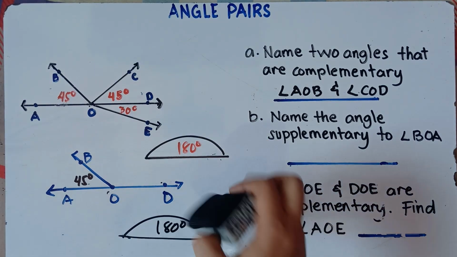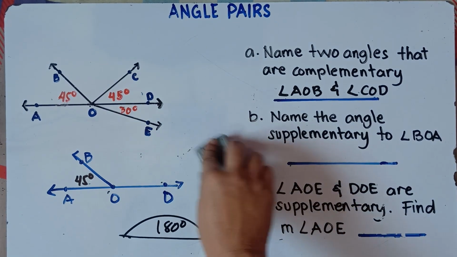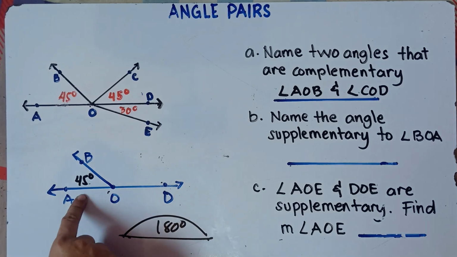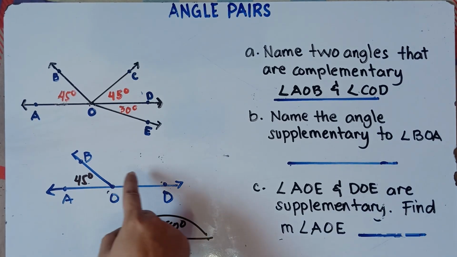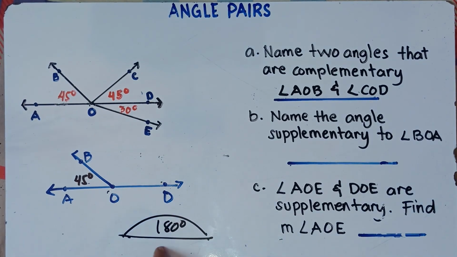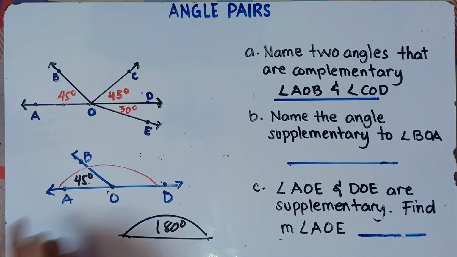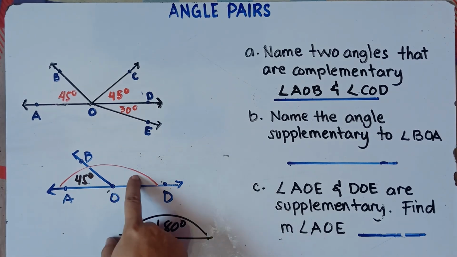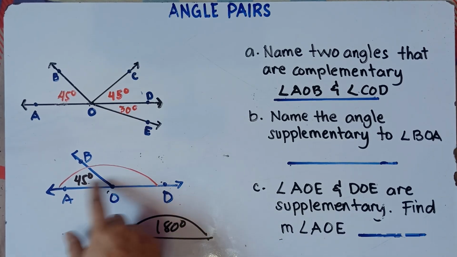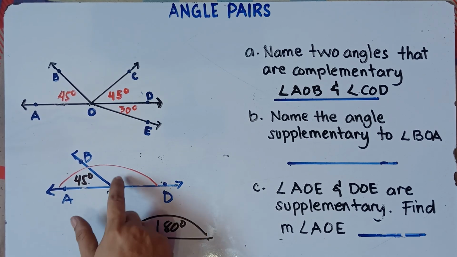So we know that this is 45 degrees, plus this angle, because we have a straight line forming a straight angle, so 45 plus this angle should be 180 degrees. What will be this angle?